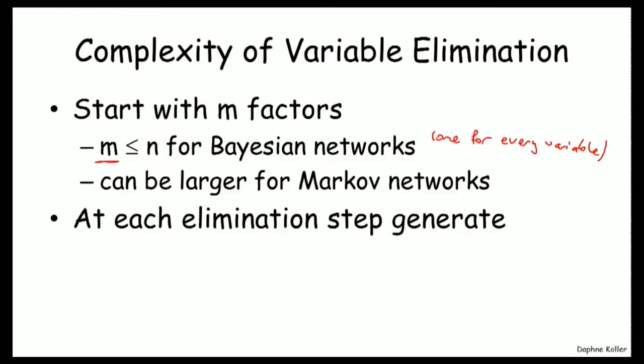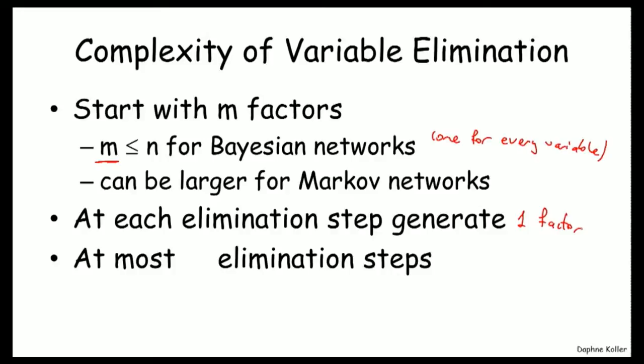Now, that's the set of factors that we start out with, and then what happens as we do an elimination step? An elimination step takes some of those factors and generates another factor. But each elimination step generates exactly one factor. How many elimination steps do we have?